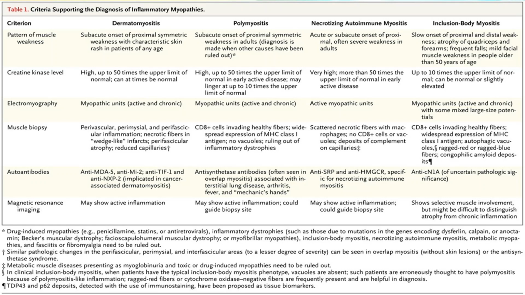In inclusion body myositis, we have CD8 cells and vacuoles also. Autoantibodies: anti-Mi2 antibody in dermatomyositis, anti-Jo1 antibody in polymyositis, anti-cN1A antibodies in inclusion body myositis.